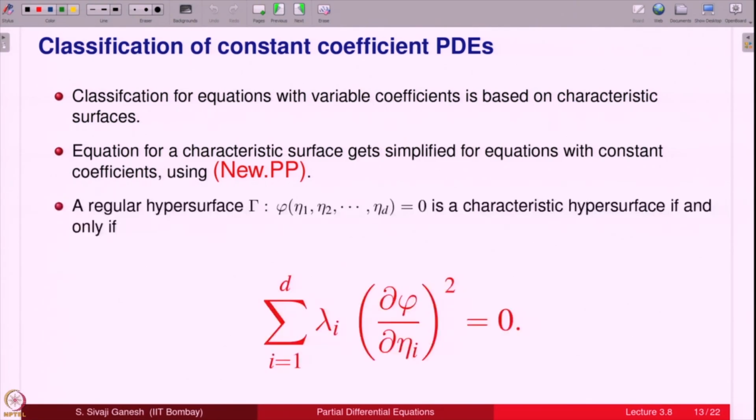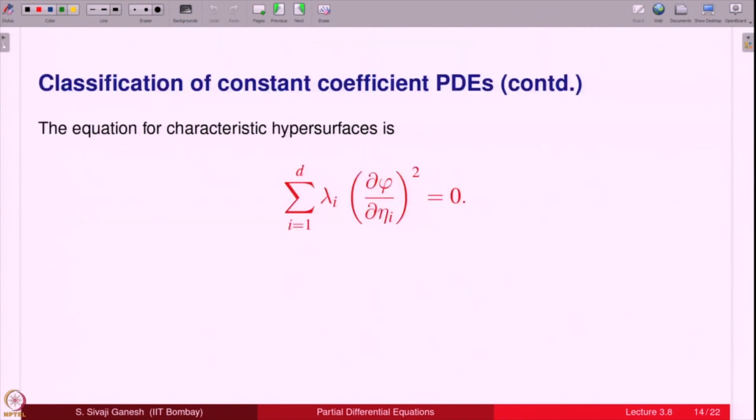A regular surface phi of eta 1, eta 2, up to eta d equal to 0 is a characteristic surface if and only if this is 0. Once you know phi in terms of eta i's, you can always write it in terms of x1, x2, up to xd. So, this is the equation for a characteristic hypersurface: phi equal to 0 is a characteristic hypersurface if and only if this equation is satisfied.